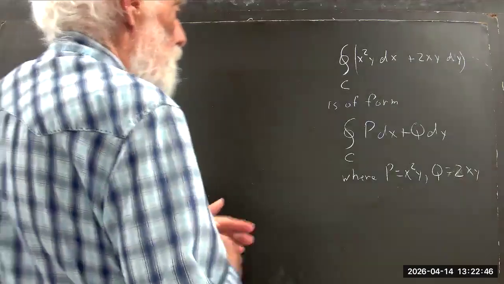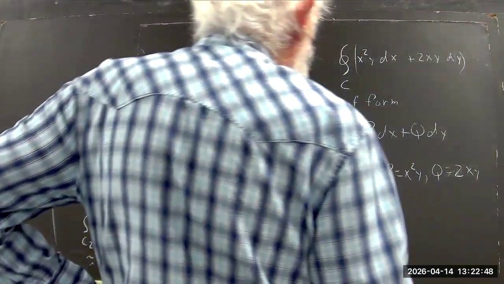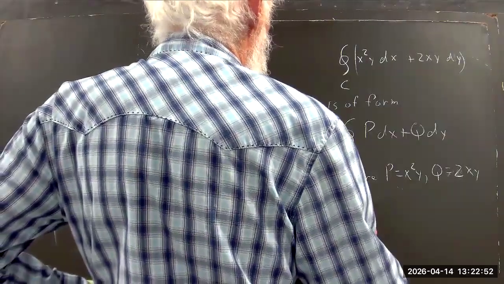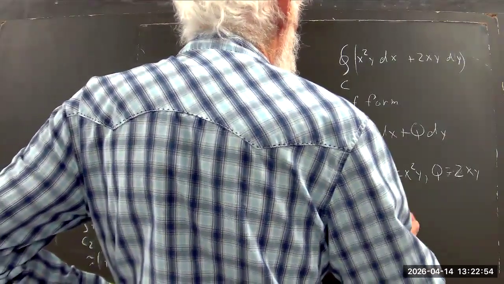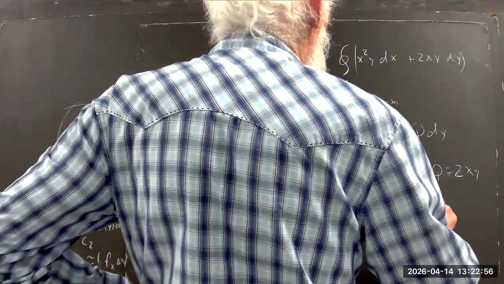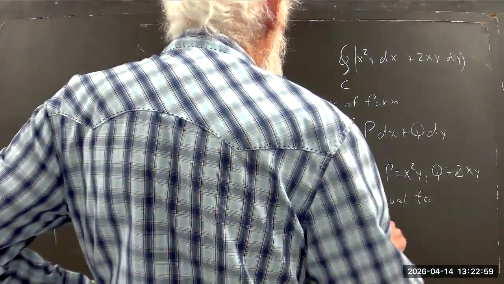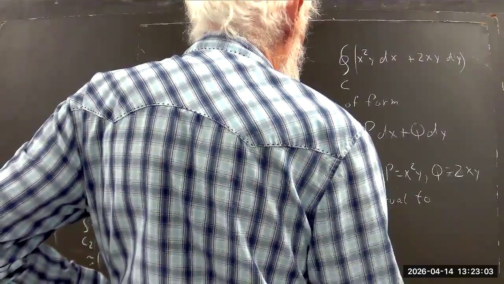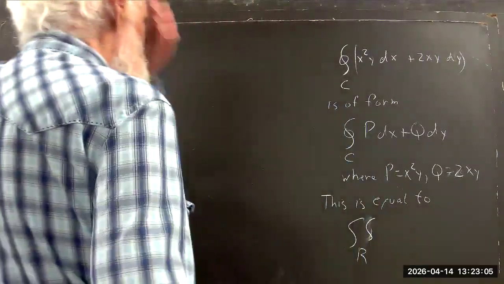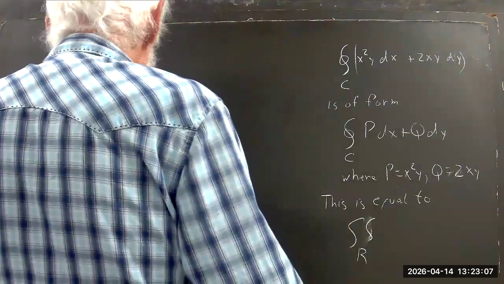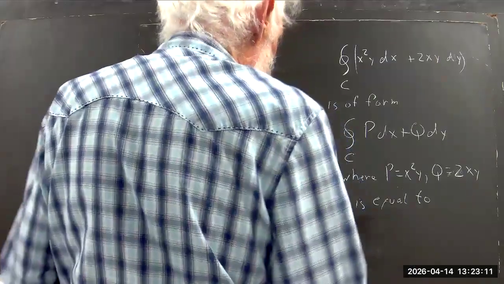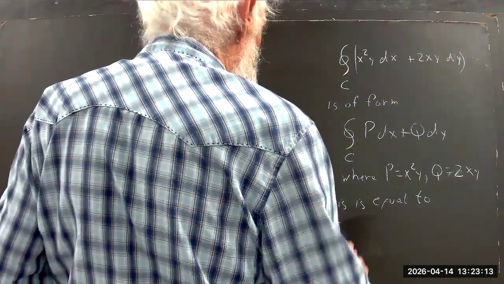Okay. Now, this is equal to the double integral over the region bounded by your closed curve. And I'll be explicit about that in a minute.